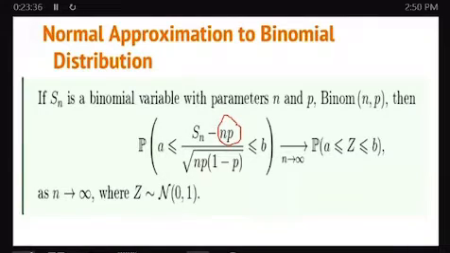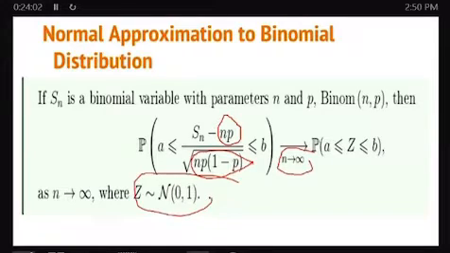Don't forget, a binomial variable is the sum of Bernoullis, so summing p n times gives np. And the variance for binomial is np(1 minus p), since the variance of Bernoulli is p(1 minus p). Of course, our central limit theorem applies as n tends to infinity, and we expect that to follow a standard normal distribution. Take a look at that. Any question?